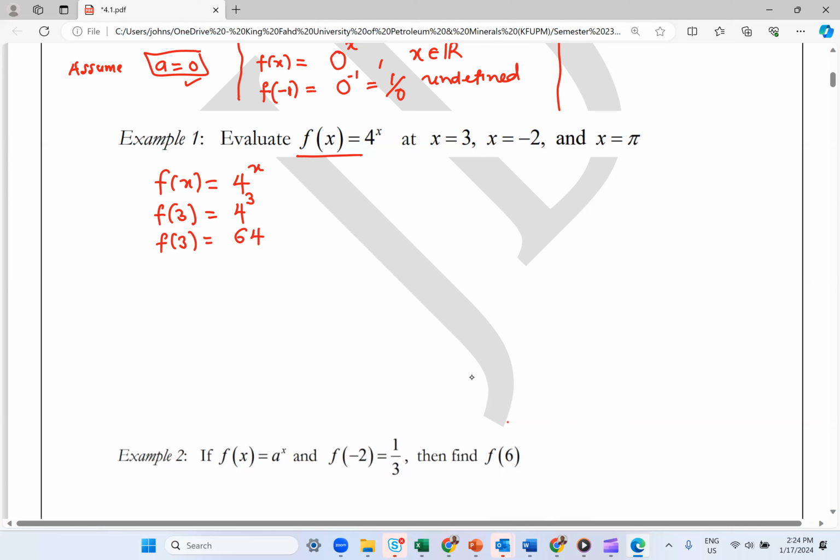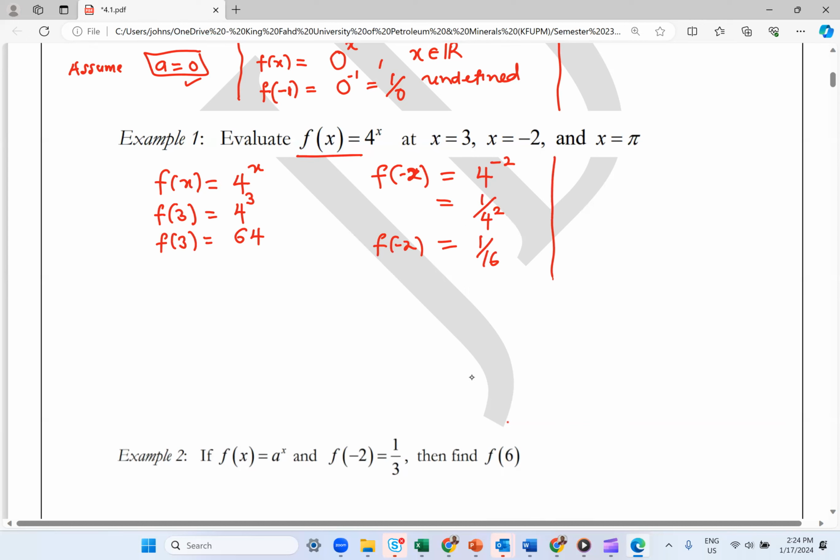Then we can also find f of minus 2. f of minus 2 is just going to be 4 to the power minus 2, which is 1 over 4 squared, which is just 1 over 16.